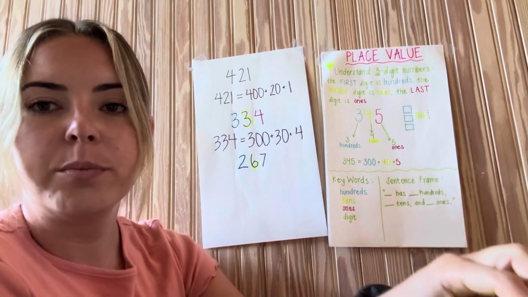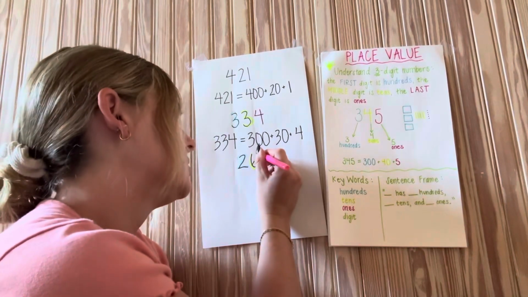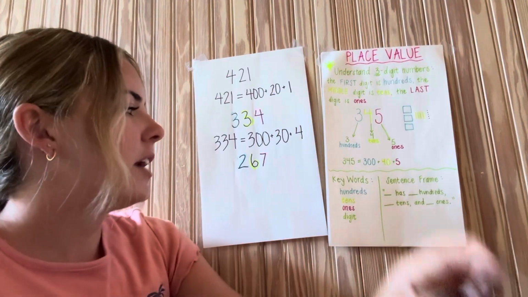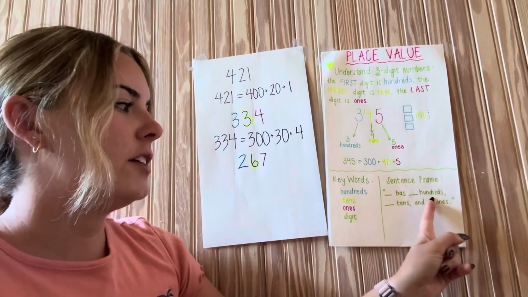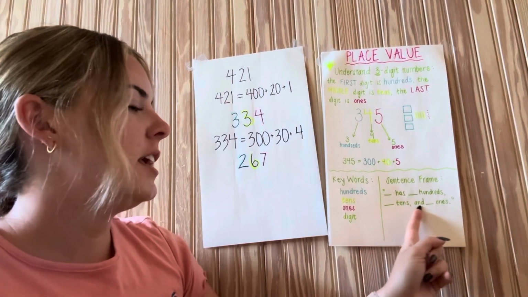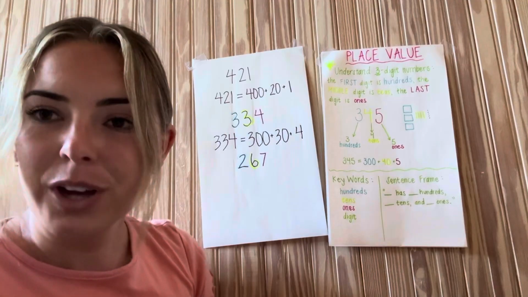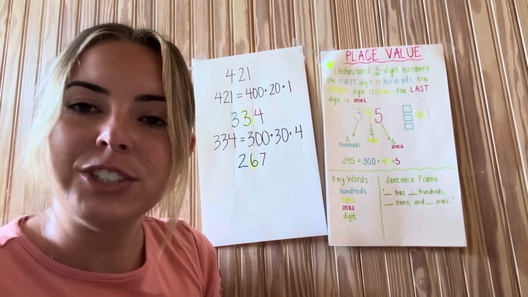And then how many ones? 7 ones. Perfect. All right, let's say it again one more time together, okay? 267 has 2 hundreds, 6 tens, and 7 ones. All right, awesome job today, class. So that is how we figure out the place value for 3-digit numbers.